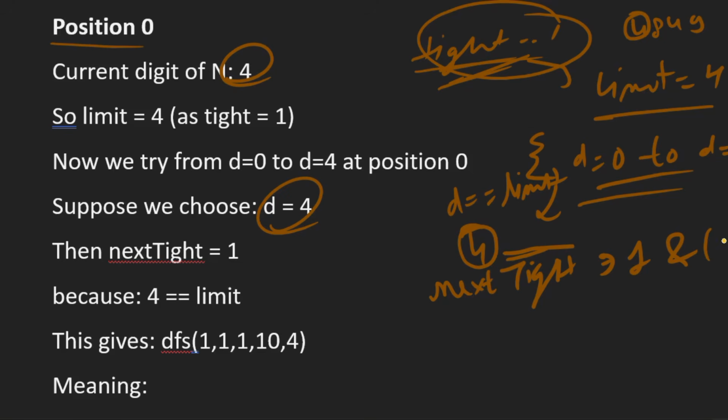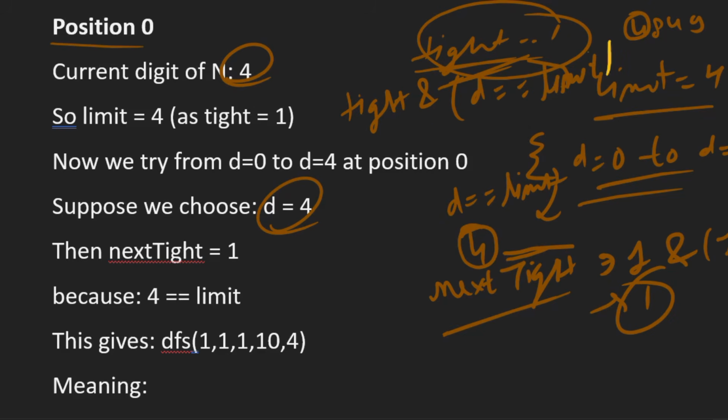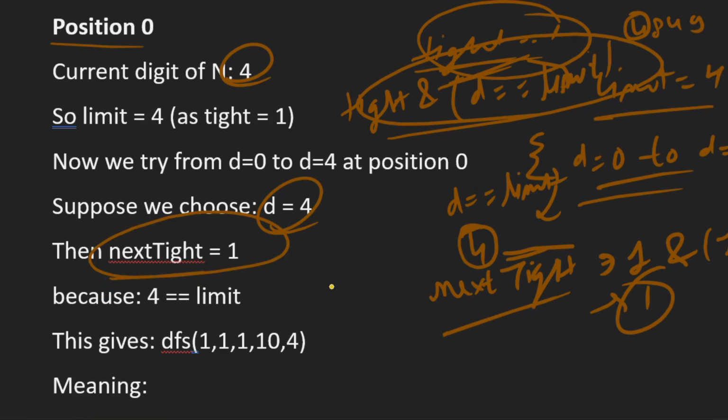So yes, d is equal to limit, so it is also true. So 1 and 1 will be 1, so next tight will be 1. So how to find next tight? Next tight is the current tight value, and if d is equal to limit, then this will give us the value of the next tight. So we get next tight equal to 1 because 4 is equal to limit.